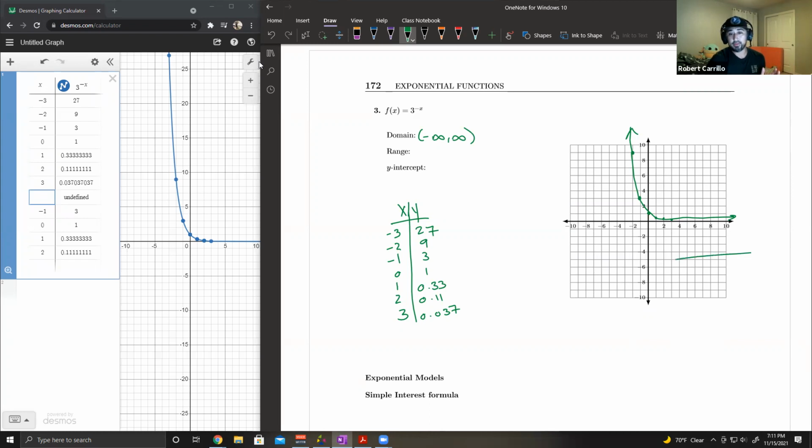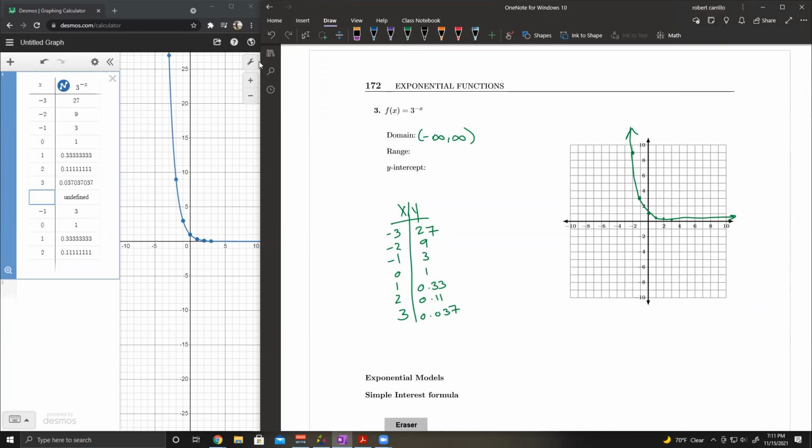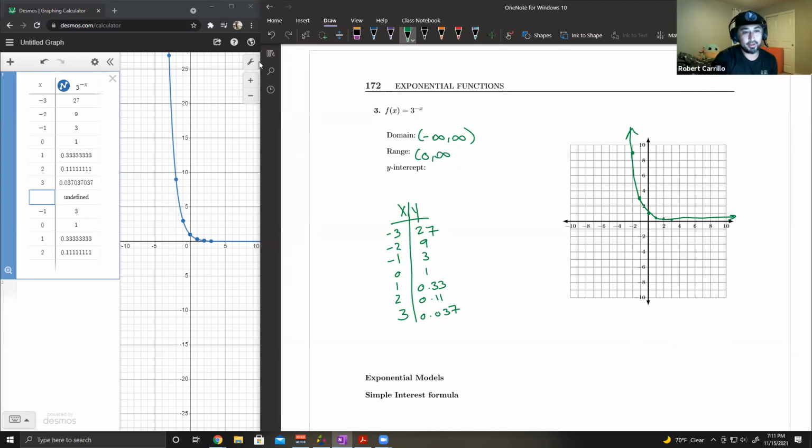So as your x values go to the right side, your y values get closer and closer to 0, but again, will they ever touch? Of course not. 0 is overrated. There you go. And 0 to infinity. And again, we have a y-intercept at 0, 1.